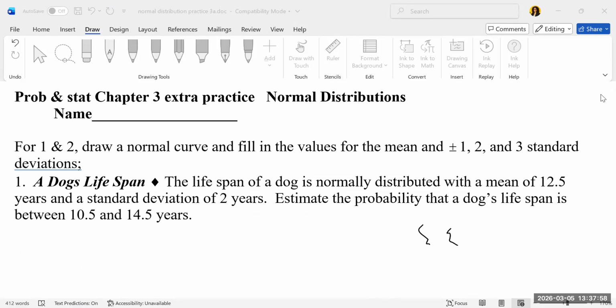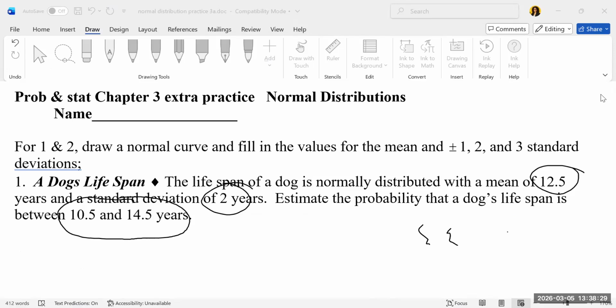But anyway, this tells me that a dog's lifespan is normally distributed, and the mean of that set of dogs is 12.5 years. The standard deviation is 2. Estimate the probability that a dog's lifespan is between 10.5 and 14.5.